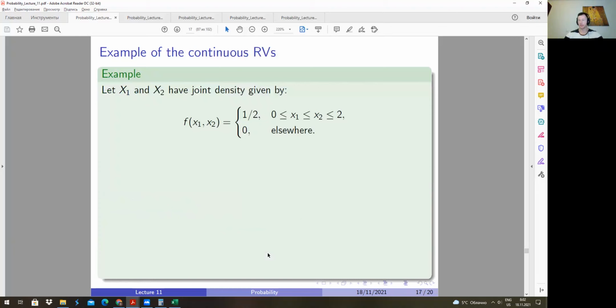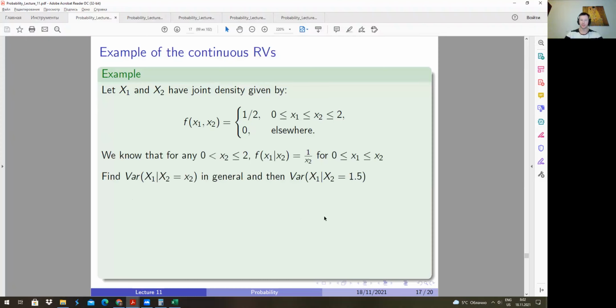Applied to continuous random variables, the major difficulty is just taking integrals. Since we know that the conditional density function is 1/x, we want to find the variance of x1 in general, and then the variance for a particular value of x2.